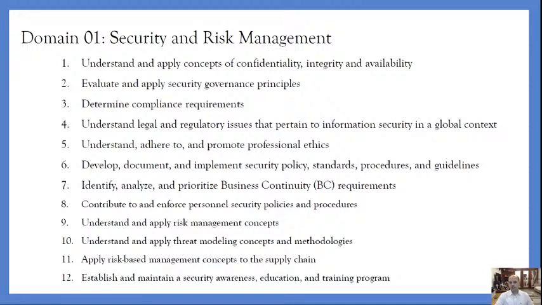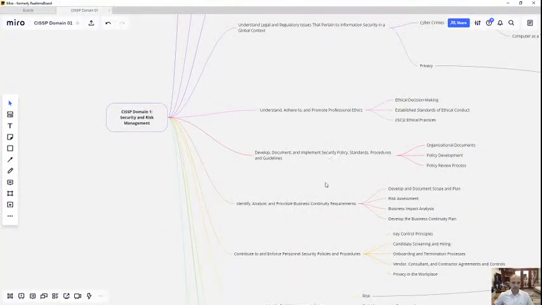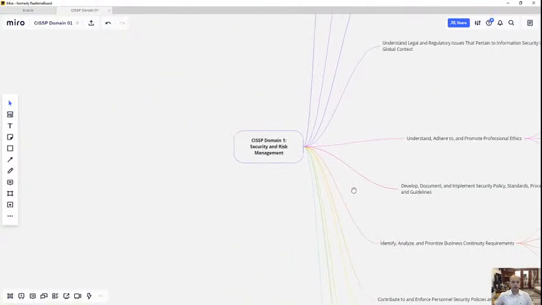So let's understand these 12 topics and the takeaways in those topics, and what the categories of this are. For this, I'm using a mind map. I think in this session, our classes will be mostly based on mind maps.